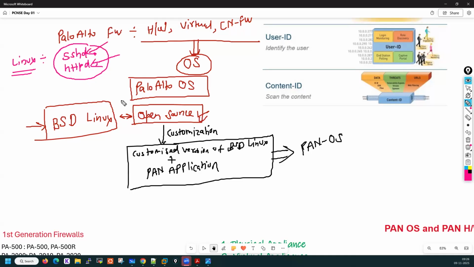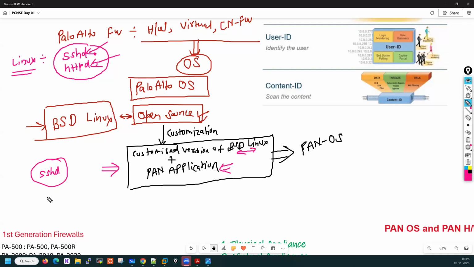Similarly, what is PAN-OS? PAN-OS is a customized version of Linux. In the backend, it's Linux only. On top of this Linux, we are running the PAN application, which means if I want to run SSH on my Palo Alto firewall, then there is one SSHD service running.